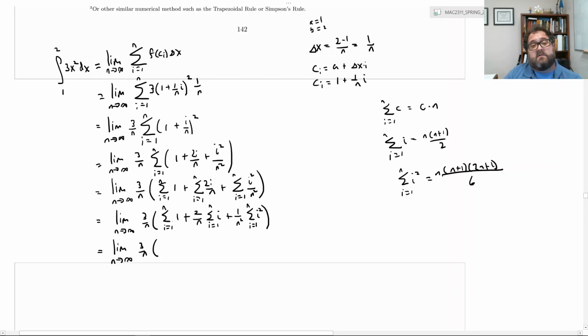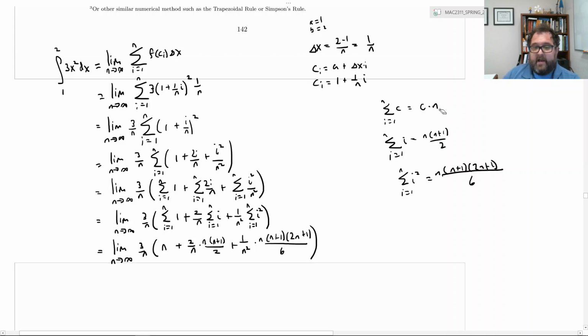Okay, 1 is a constant, so the sum from i equals 1 to n of 1 is simply 1 times n, or n, plus 2 over n times the sum from i equals 1 to n of the i's, which is n times n plus 1 over 2, plus a constant 1 over n squared times the sum of the i squareds from 1 to n, which has an identity, n times n plus 1 times 2n plus 1 over 6.